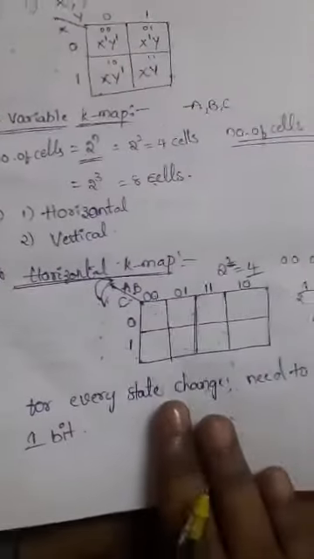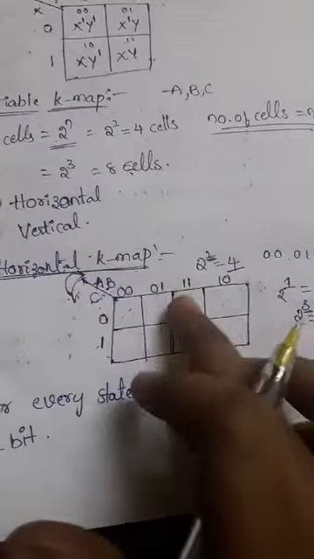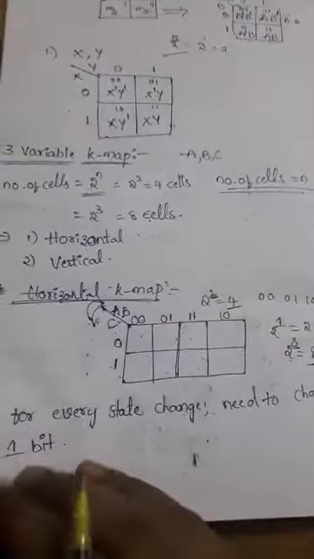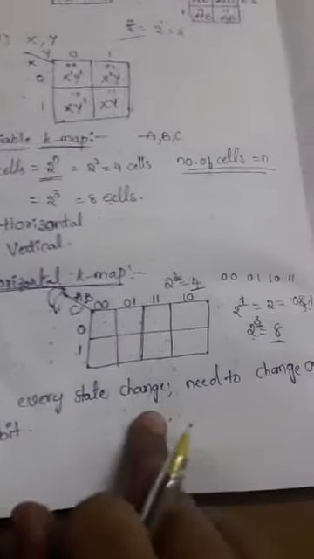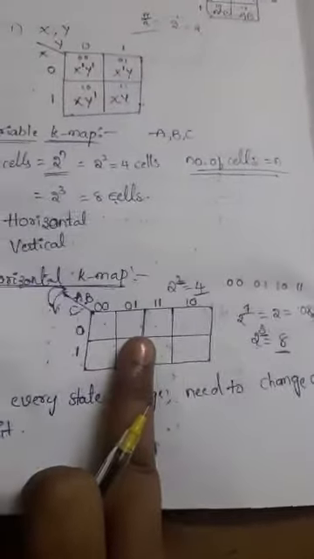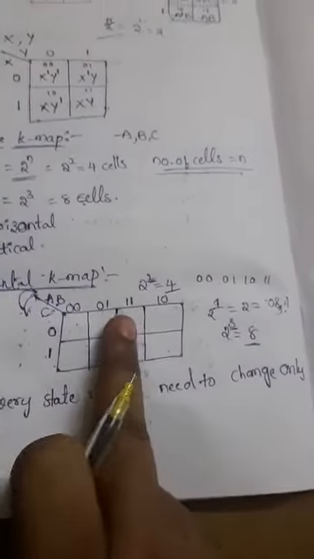So see here, what is the reason why I am writing 1 0 here and 1 1 here? In a K map, if you are having 3 variables or 4 variables, except 2 variables, for every state change, compulsorily the next state needs to change only one bit.